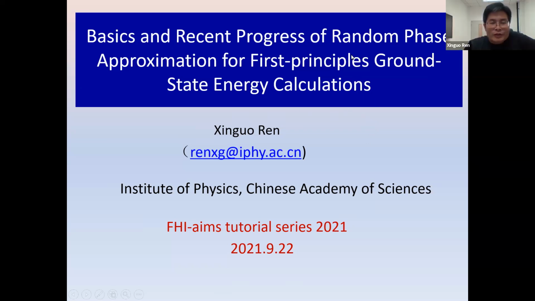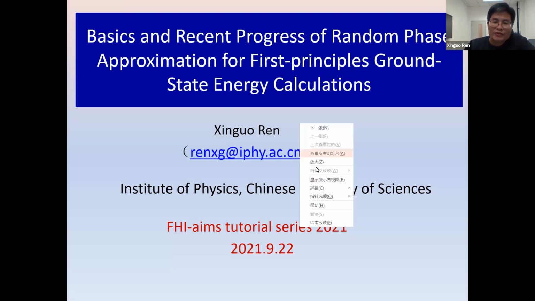Today I'm going to talk about a method called the random phase approximation. The random phase approximation, or RPA, is a concept which has been well known in physics. It has been used in a lot of different branches of physics.